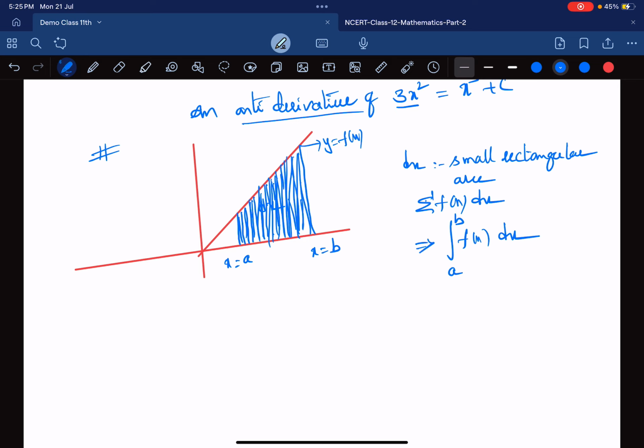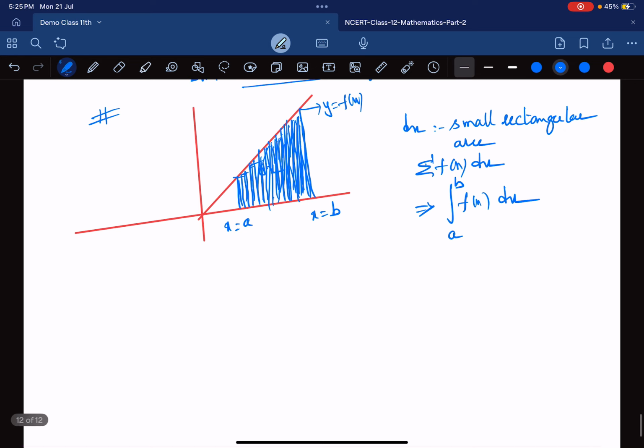So the area converted into small rectangles, after adding, gives us the area between the intervals.